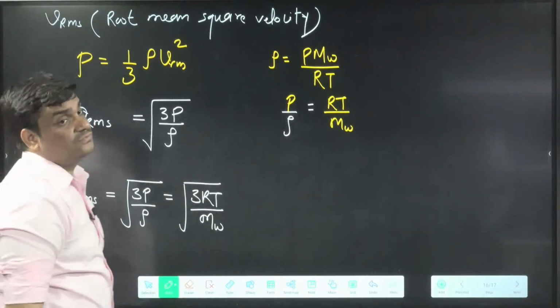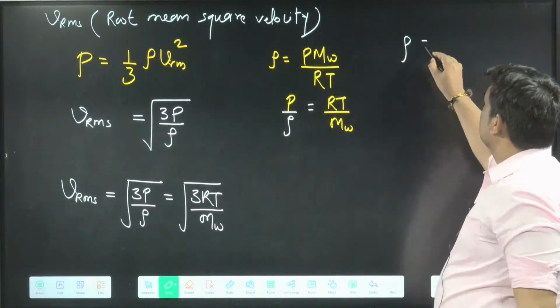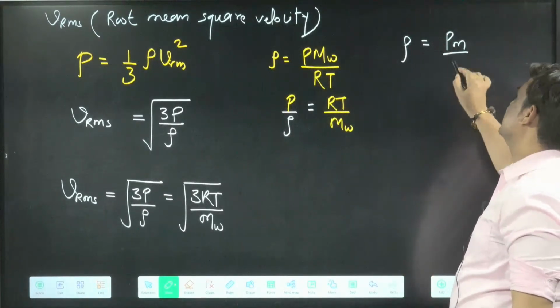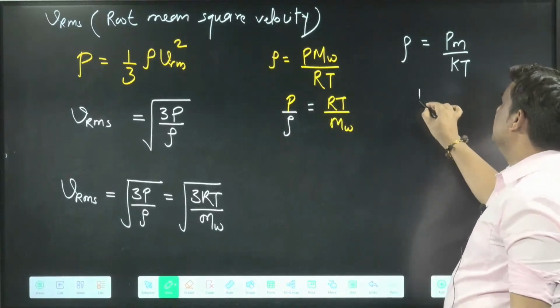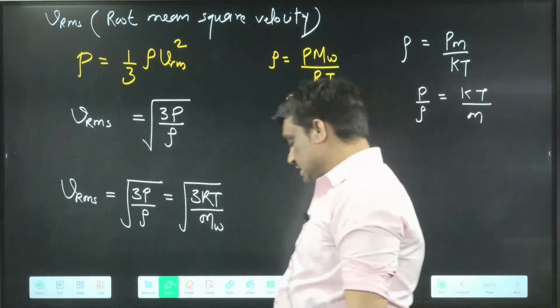There is one more formula: rho equal to Pm by kT, and from here P by rho will be equal to kT by small m. I can put this also.